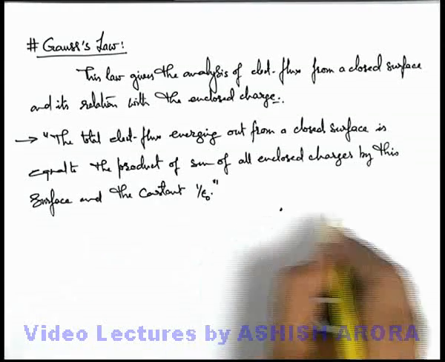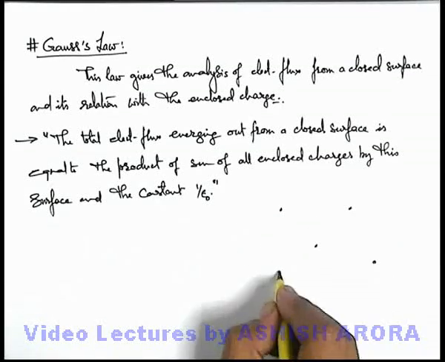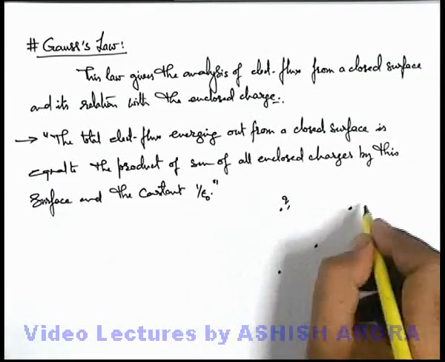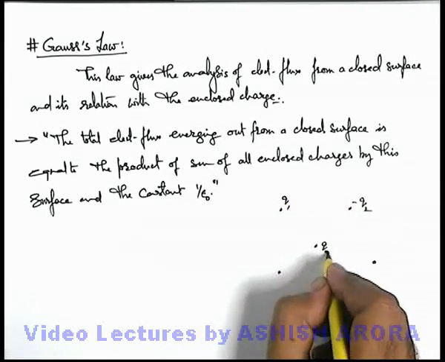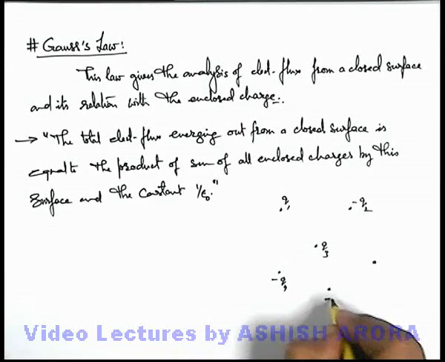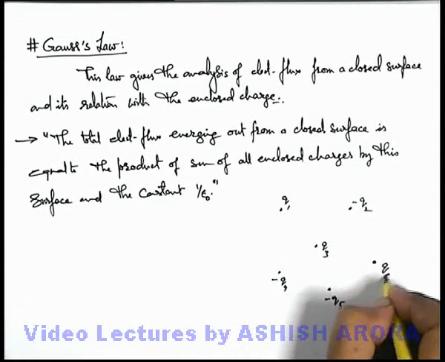Say in a region if there are some charges placed like this, which are Q1, minus Q2, Q3, minus Q4, minus Q5, Q6 and so on.